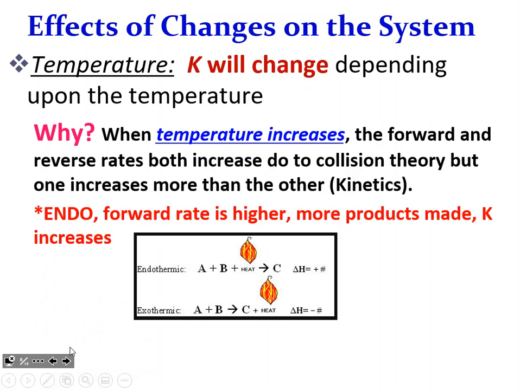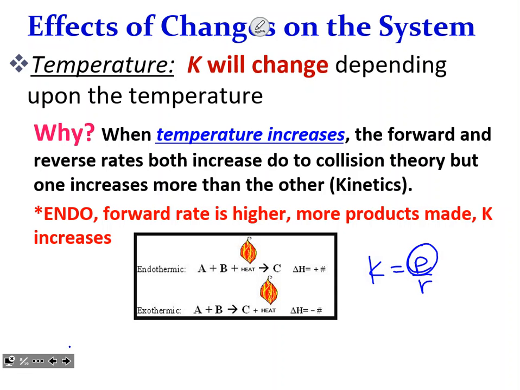All right, endo forward rate is higher, more products made, the K is going to increase. So looking at that, if it's endothermic, adding heat in, it's going to shift towards the products. So if more products are made, and we're looking at K in general is products over reactants.